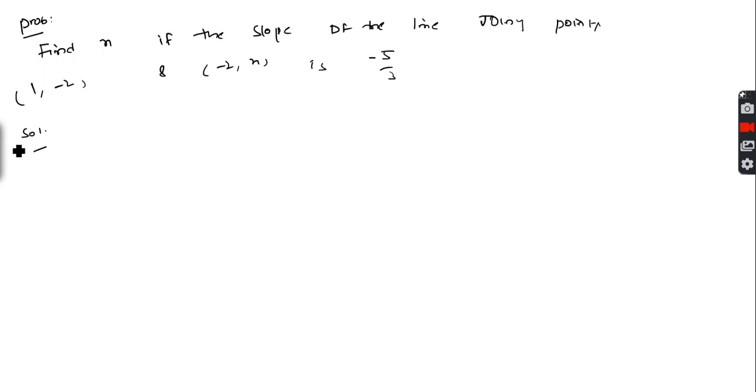What is the question? The question is, given that the slope of 2 points x1 y1 and x2 y2 is minus 5 by 3, we find the value of x.